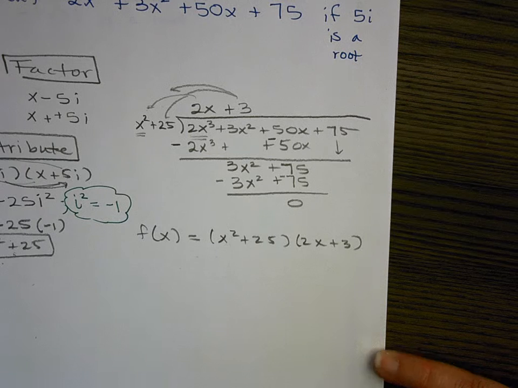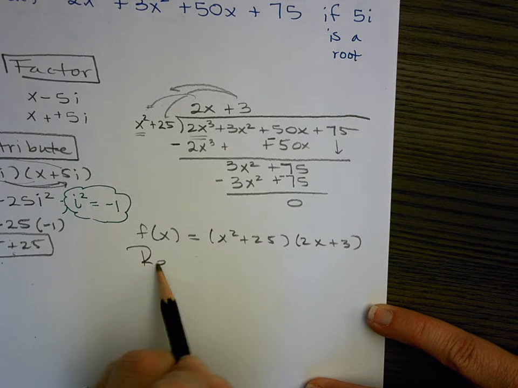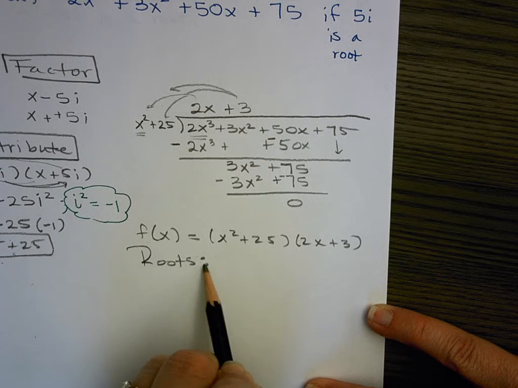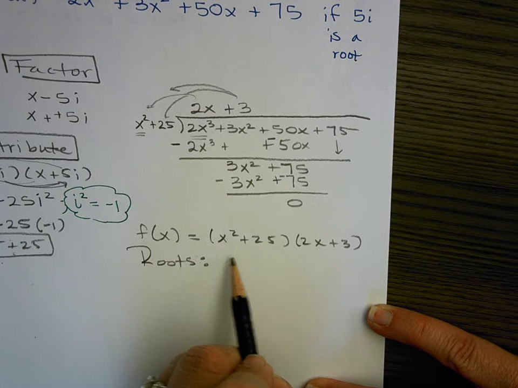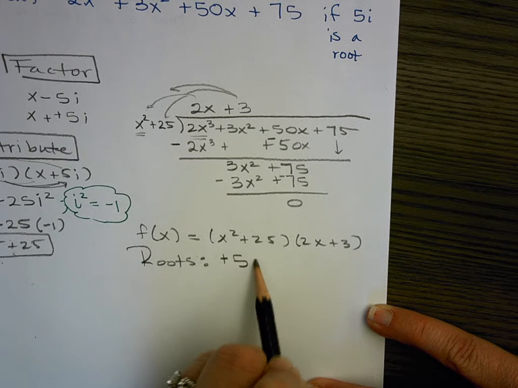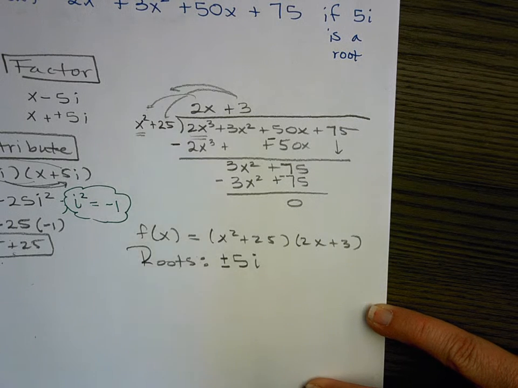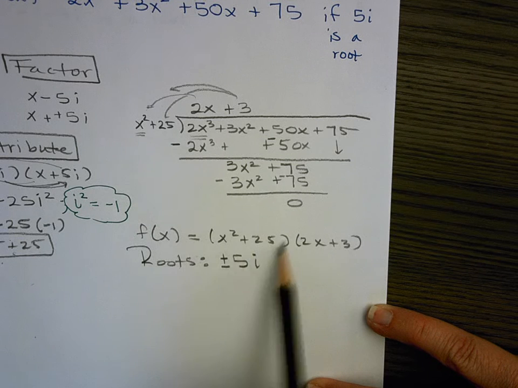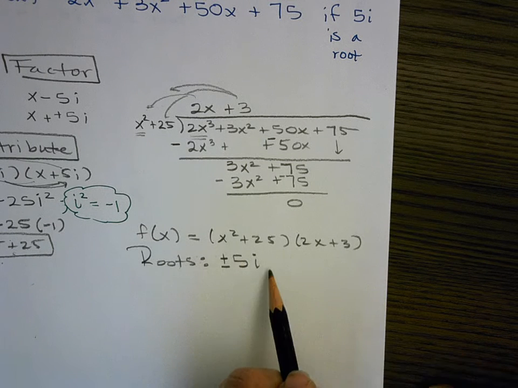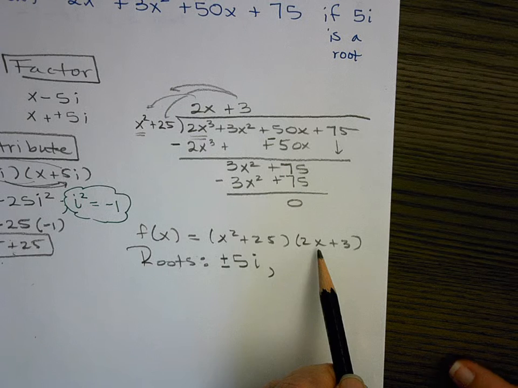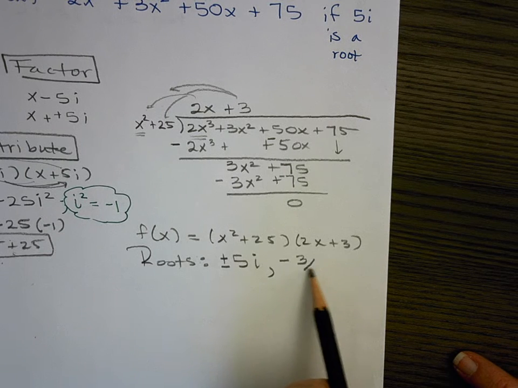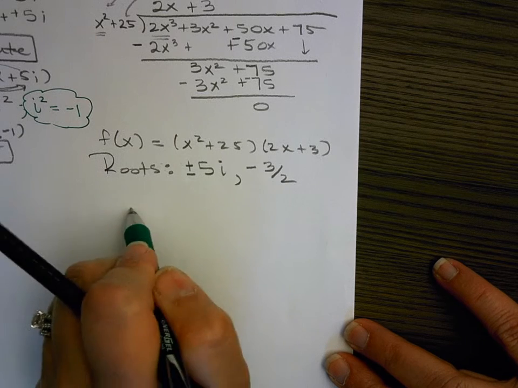So now that I have it factored, I just want to find my roots. So the roots I gave you initially, right? So I gave you the positive 5i, but then it's a conjugate pair, so there's also negative 5i. So that came from this, yeah? And then the root for this is when I set that equal to 0, and so that would be negative 3/2. And just to make sure how I did that, I'm going to do that right below here.